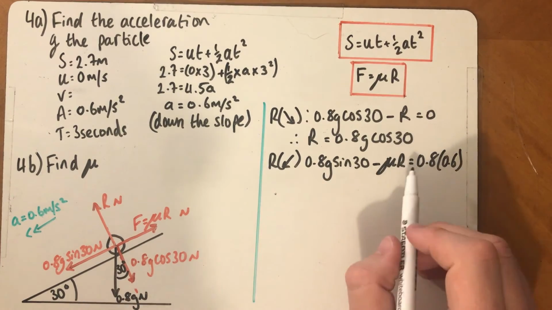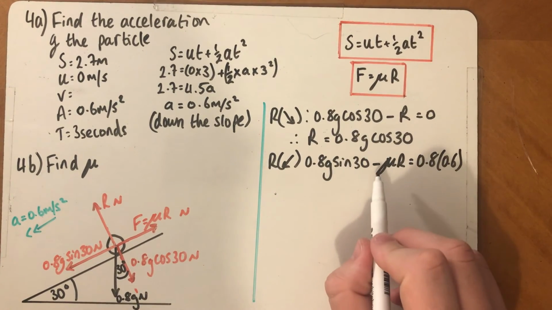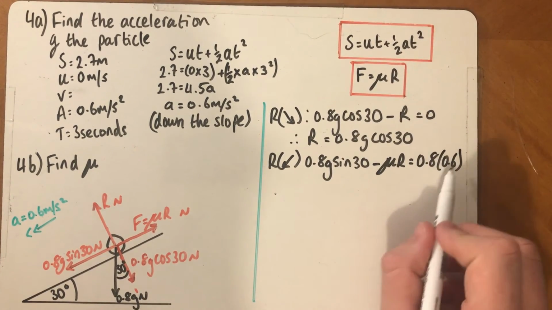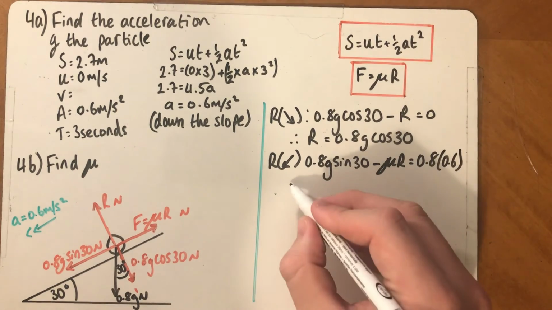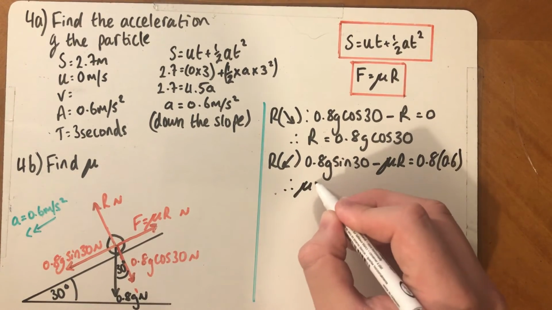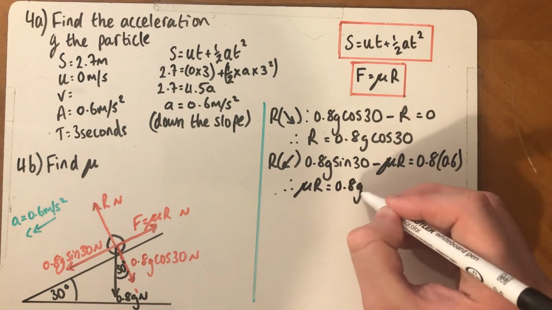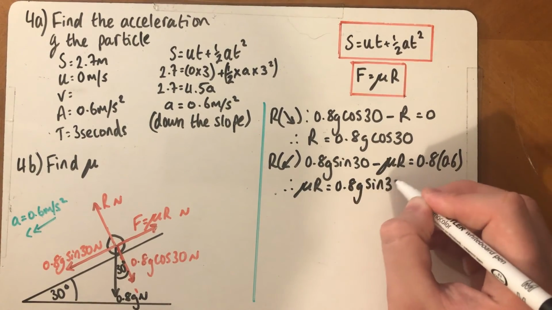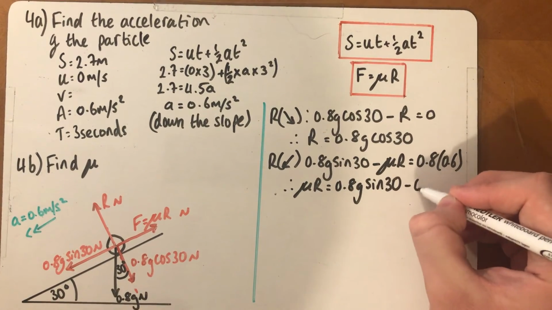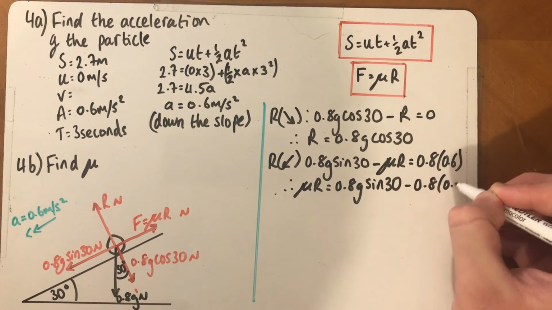So if we rearrange for mu R now, we add mu R on both sides, and we minus this term here on both sides. We can therefore say that mu R is equal to 0.8 G sine 30 minus 0.8 multiplied by 0.6.